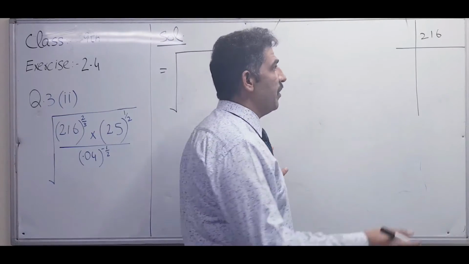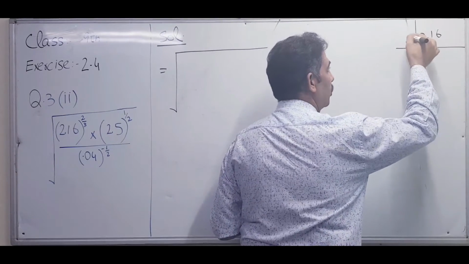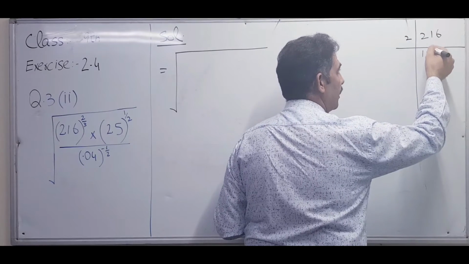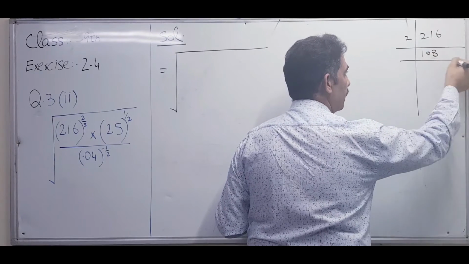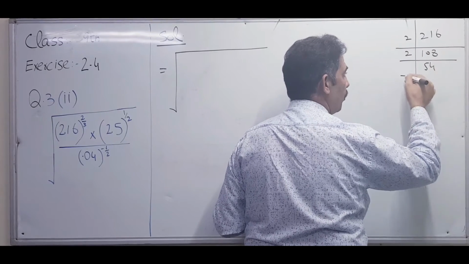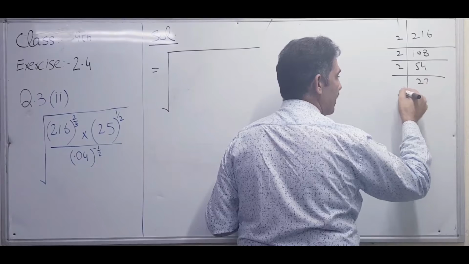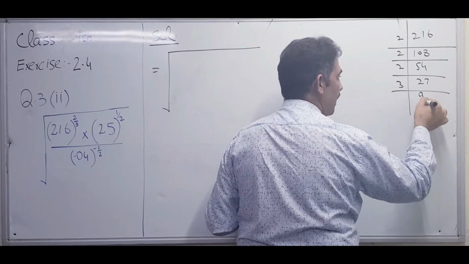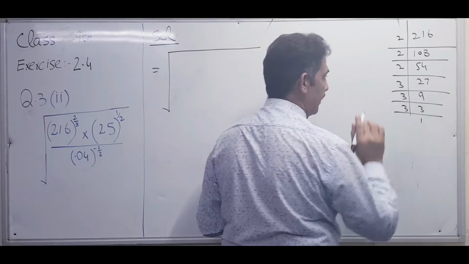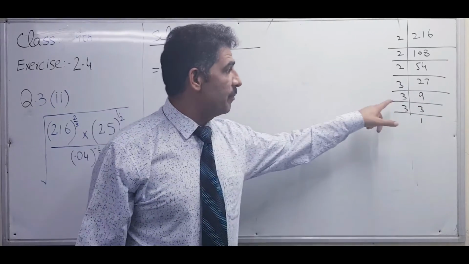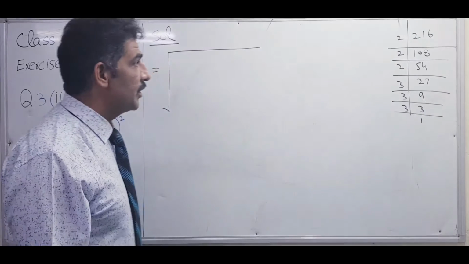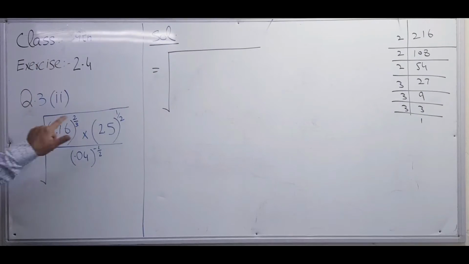If we start with 2: 2 ones are 2, 2 twos are 4, 2 fours are 8, then 2 fives are 10... 2 twenty-sevens, 3 nines are 27, 3 threes are 9, and 3 ones are 3. How many times does 3 repeat: 1, 2, 3? And how many times does 2 repeat: 1, 2, 3?